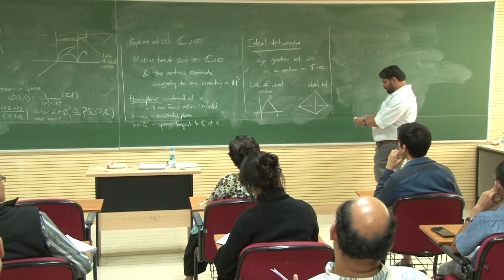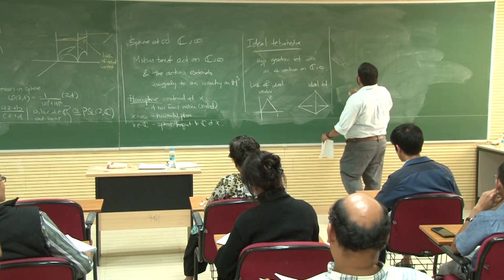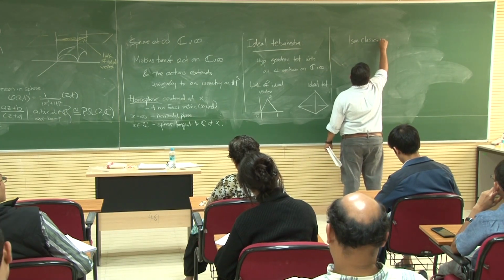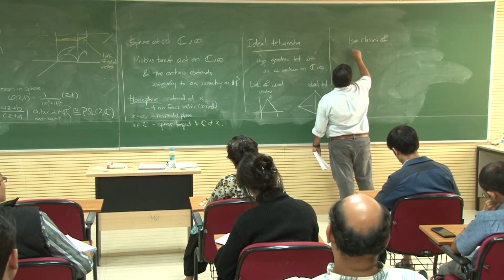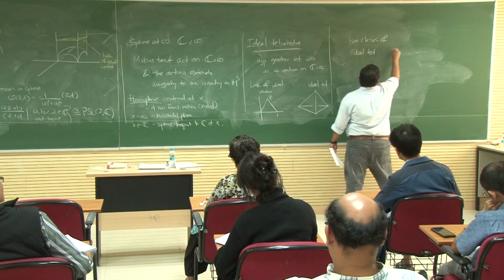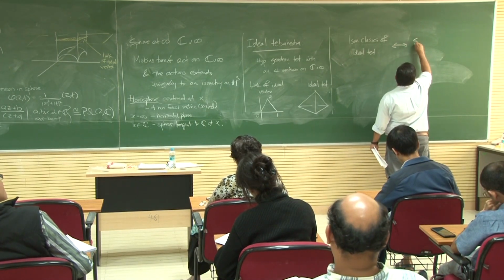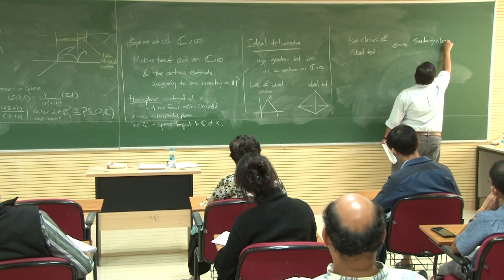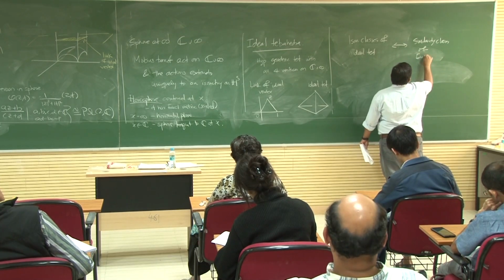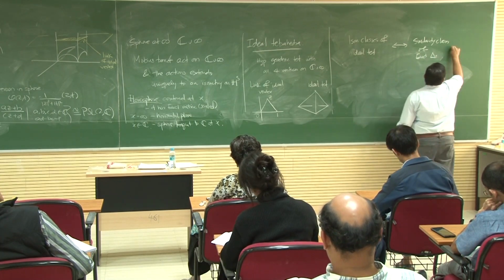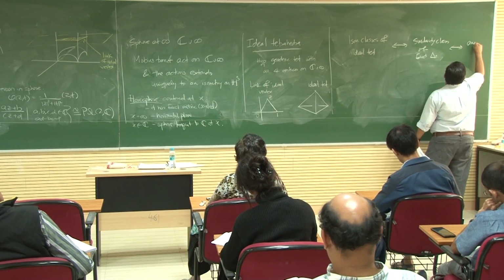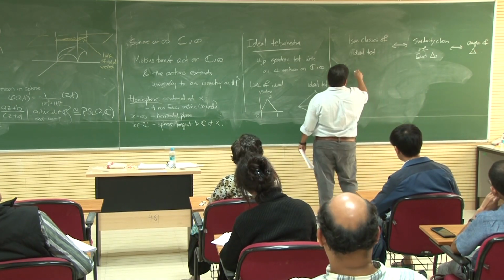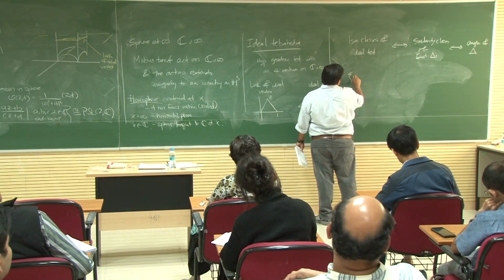So what I want to point out is that the isometry classes of ideal tetrahedra are similarity classes of Euclidean triangles, and these are also again angles of a triangle, and this is parametrized by the upper half plane.